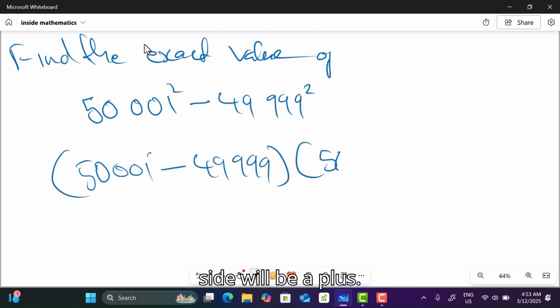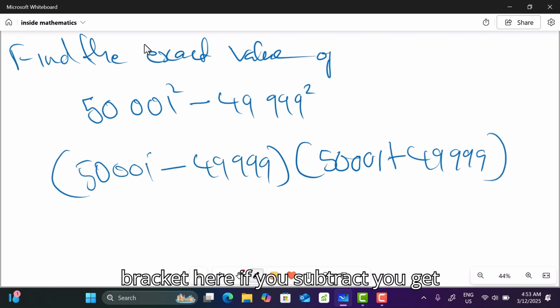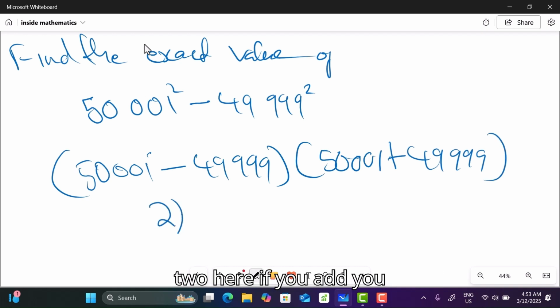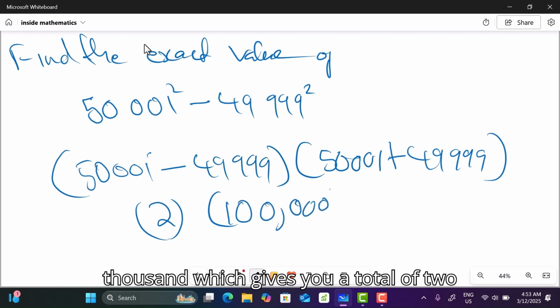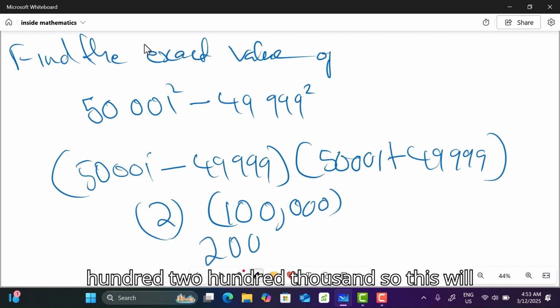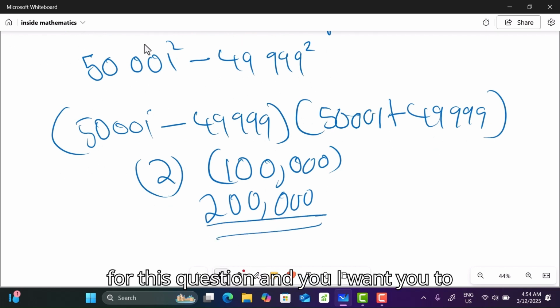Then this side will be a plus, 50,001 plus 49,999 in the bracket. Here if you subtract you get 2. Here if you add you get 100,000, which gives you a total of 200,000. So this will be the solution for this question.